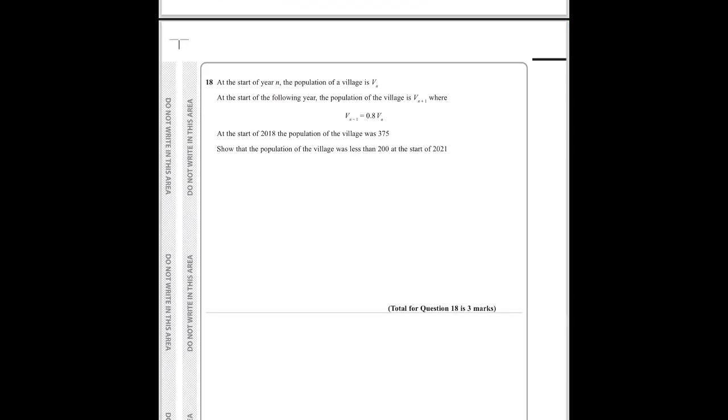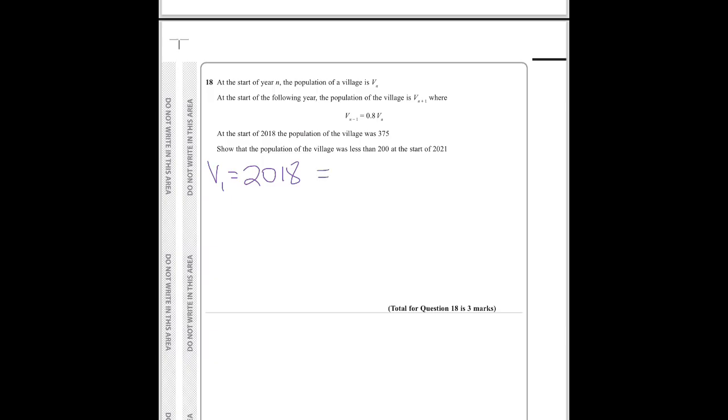Number 18. This is called an iterative process. It usually means you take the previous year or the last 2 years, combine values and do stuff to it. Okay, so in 2018, we are told this is V1.